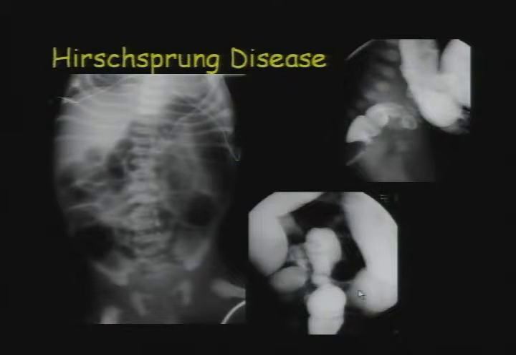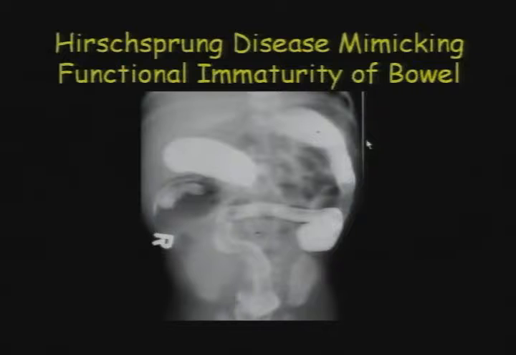It is not always straightforward. And if there's good clinical symptomatology for Hirschsprung's disease, even if I don't see anything on the enema, I think they should still biopsy those patients, because I think this can be a very tough diagnosis. If you see this, that's very straightforward, but not all cases are like that.